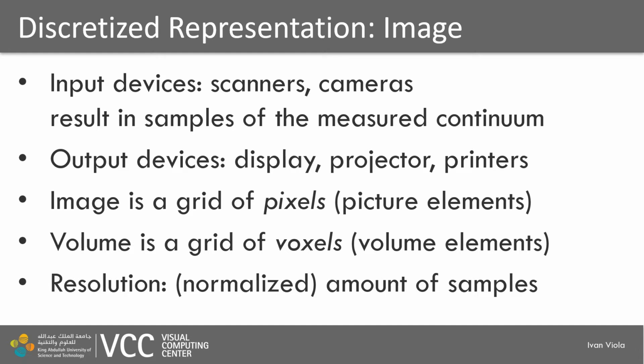So an image is a grid of pixels, and it is a two-dimensional grid of pixels. Pixel is an abbreviation for picture element. But this is not the only discretized representation we are using in computer graphics. We also use a so-called volumetric representation, which is a grid of voxels.